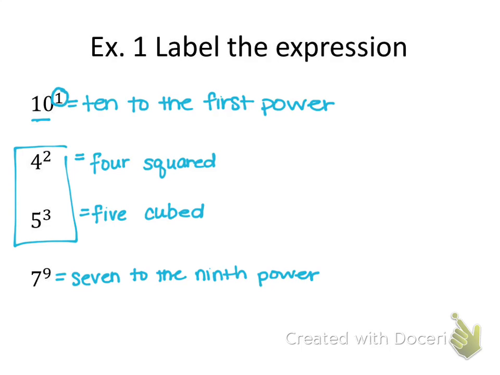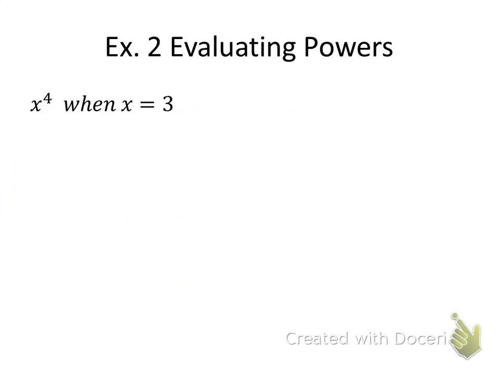Okay, so the next example, what they want us to do is evaluate the power. Basically, they want me to plug in this variable, x, when it equals 3, and solve the power. 3 is my what in this problem? Base, very good. And then 4 is my exponent.